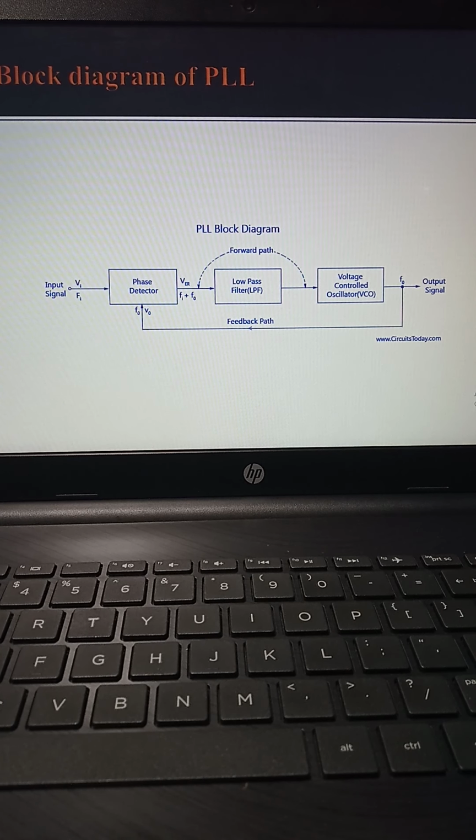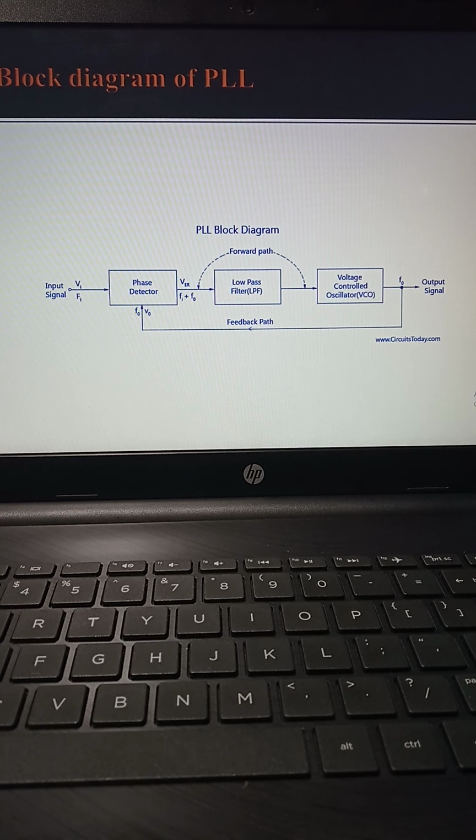The output of the voltage control oscillator, that is V0 having frequency F0, is compared with the input signal having amplitude Vi and frequency Fi by using the phase detector and comparator. Now let's see the three different states of operation of the voltage control oscillator.